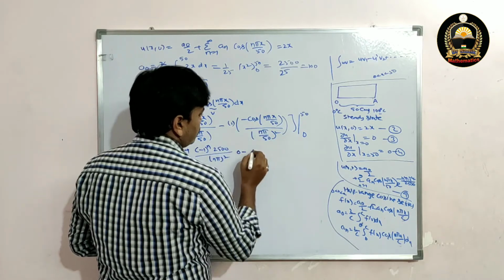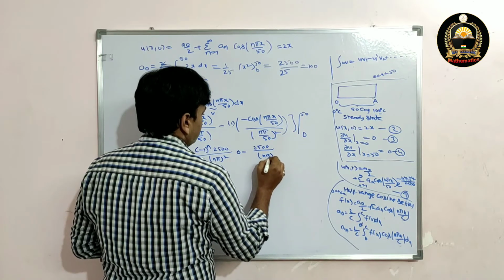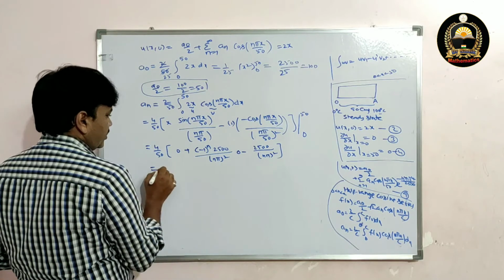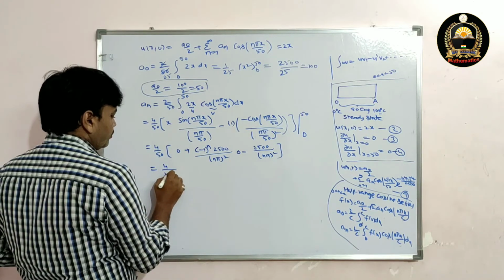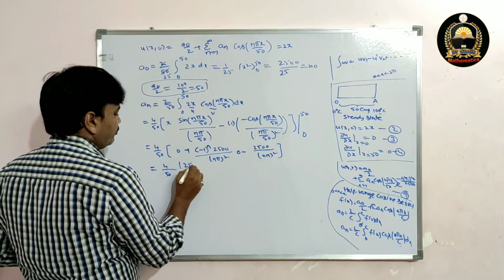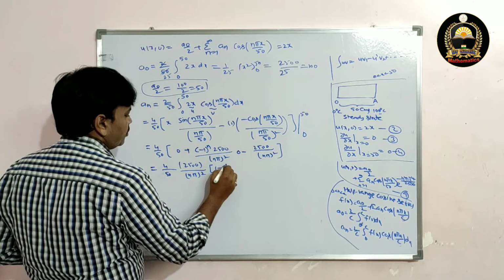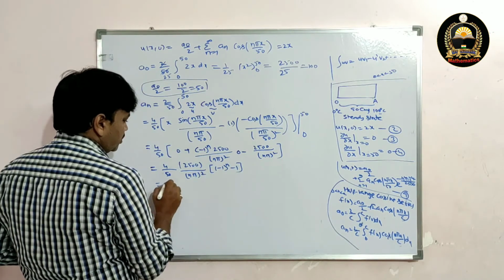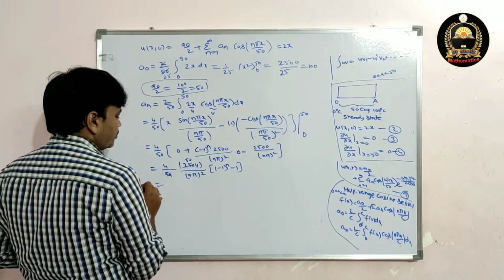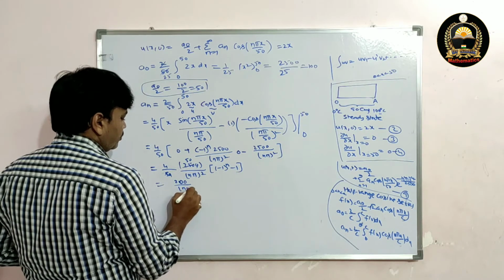Cos 0 value is 1, so 2500 by n pi whole square. Now taking common 2500 by n pi whole square, we get 4 by 50 into 2500 by n pi whole square into minus 1 whole power n minus 1, so that is equal to 200 by n pi whole square.